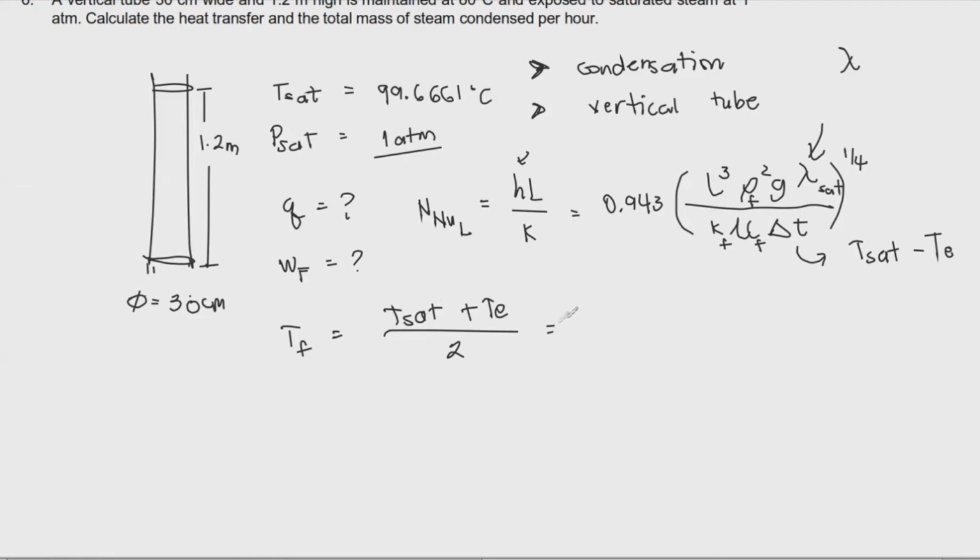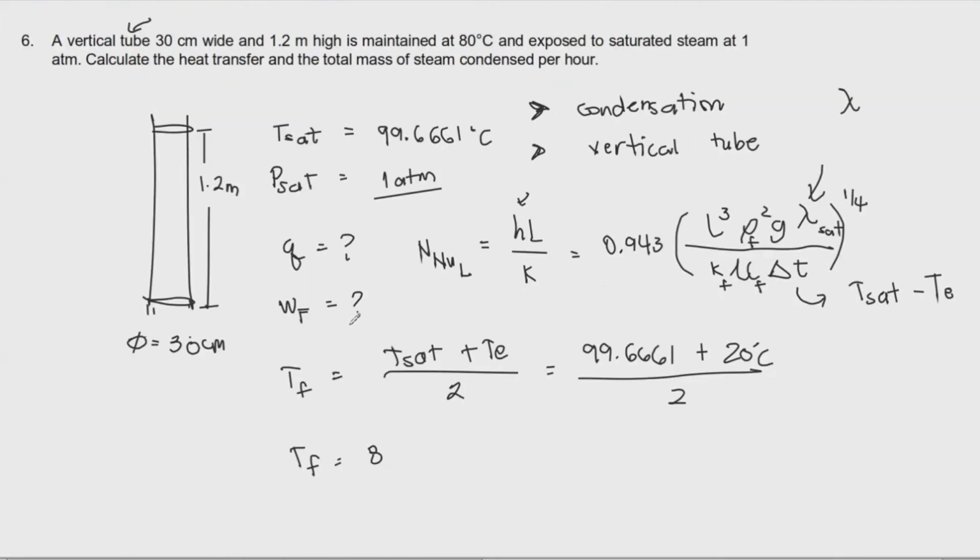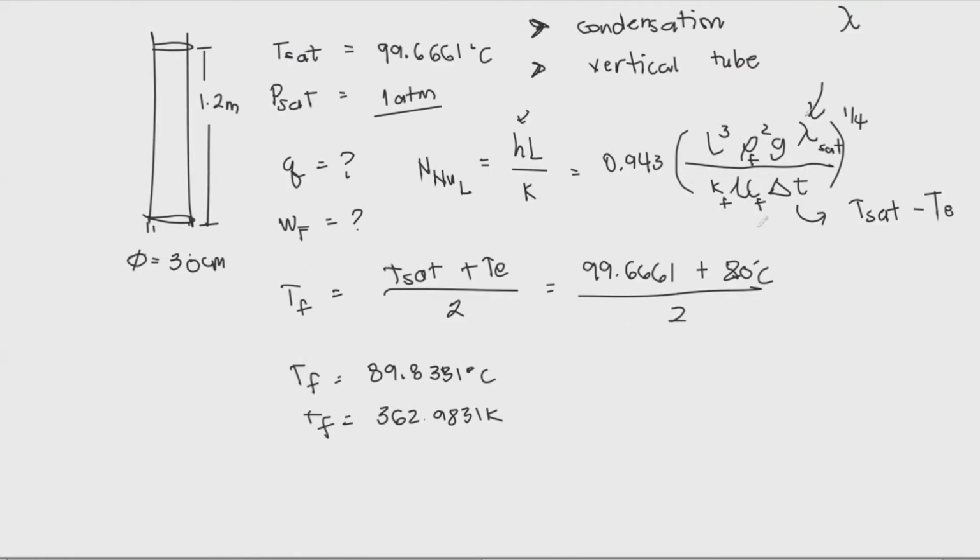And if you take the average of that, 99.6661 added with 20 and divided by 2, it gives us a film temperature of 89.8331 degrees Celsius, and the film temperature in Kelvin would be 362.9831 Kelvin. So now that we have obtained the film temperature, we're going to evaluate all of these at the film temperature.